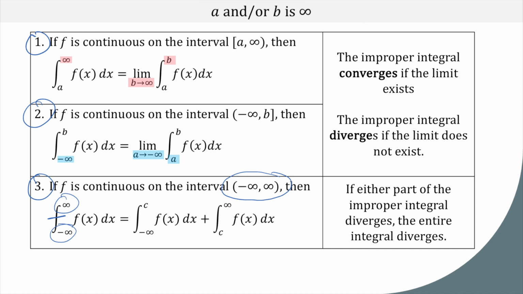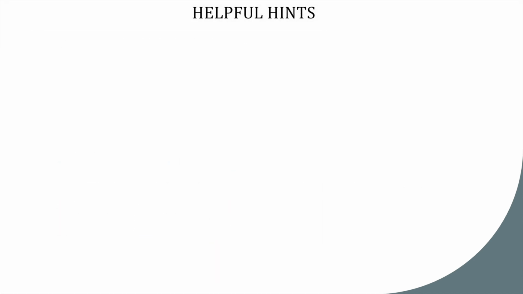So between negative infinity and infinity, we'll put some constant c there and break it up. So negative infinity to infinity becomes negative infinity to c, and then c to infinity. And then each of these problems takes you to either scenario one or scenario two.